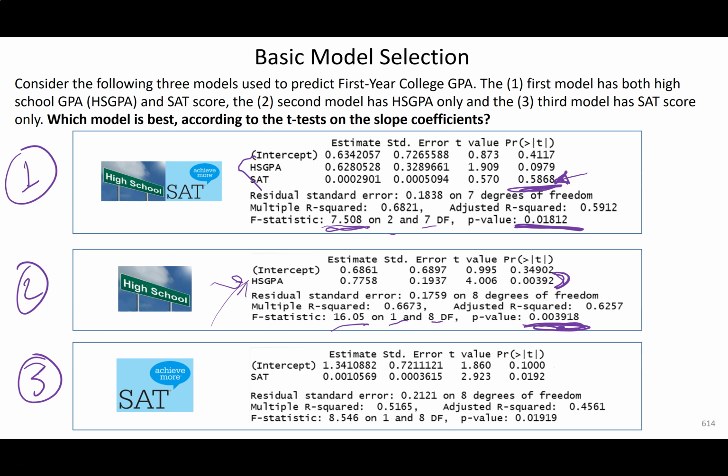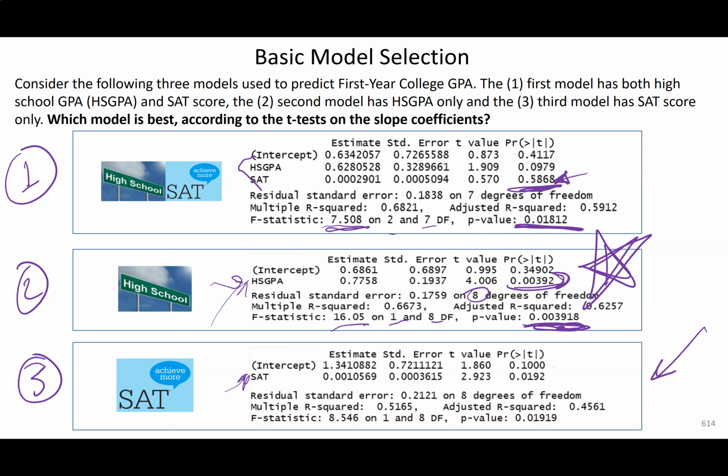So when you look here, I have a T statistic of 4.006 on 8 degrees of freedom with a p-value that's 0.00392. That's tiny. So saying absolutely high school GPA is useful to use. However, if you look here at scenario 3 or model 3, this one is fit with only SAT.